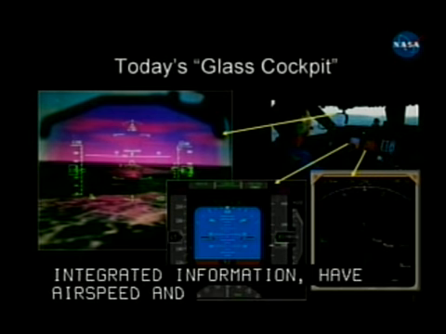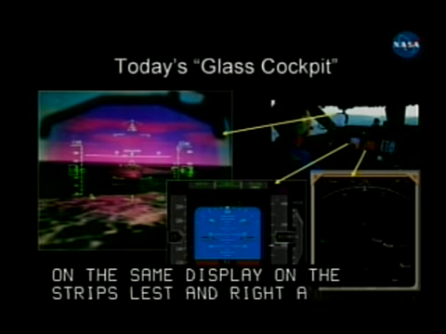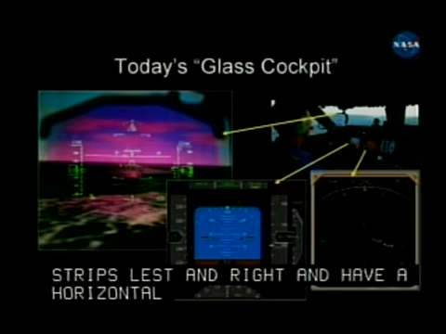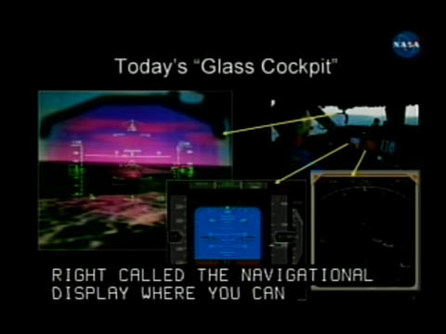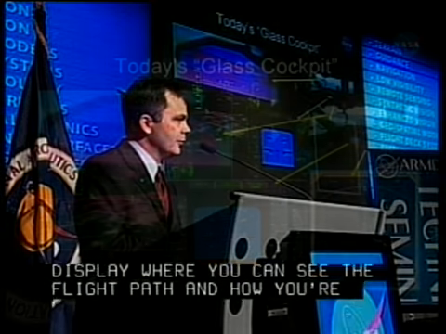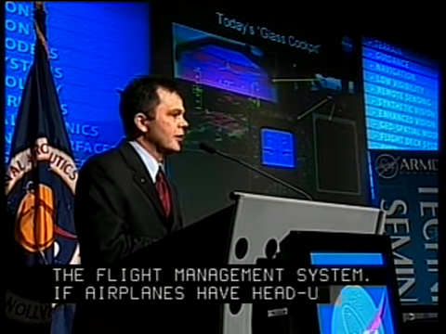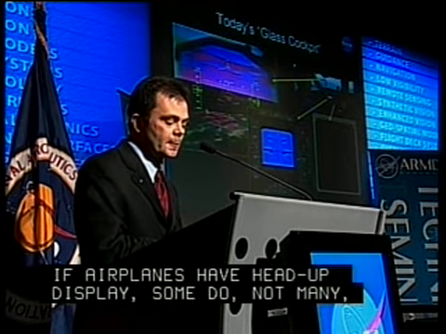And then we have a horizontal situation indicator on the right, more commonly called the navigation display, where you can see your flight path and how you're progressing along the path that you've input into something called the flight management system. Some airplanes have head-up displays, not many, but some do, and it's basically a repeater of the primary flight display, but it lets the pilot keep his eyes out at all times.